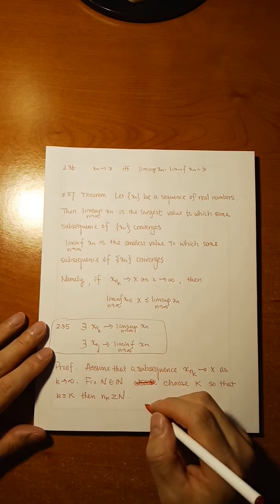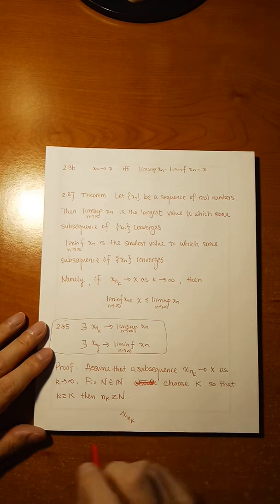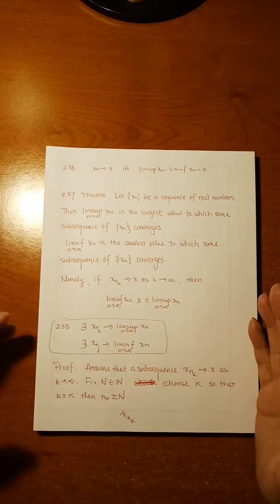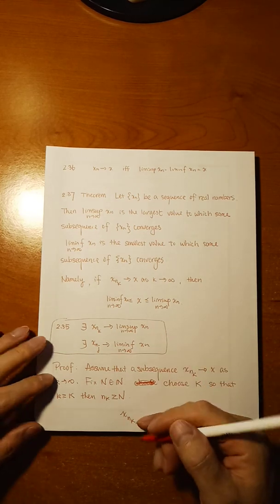Okay, so let's check. Under this condition, xnk is an arbitrary element in the tail.